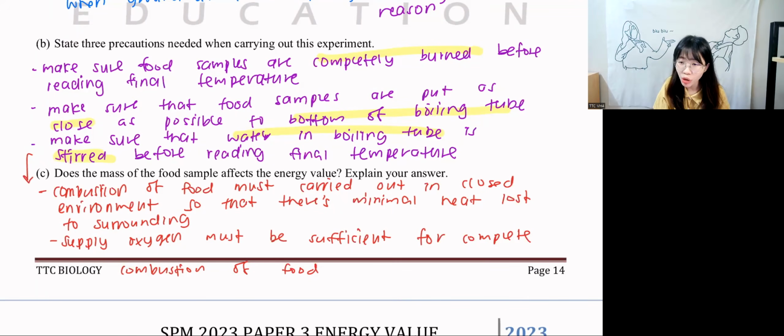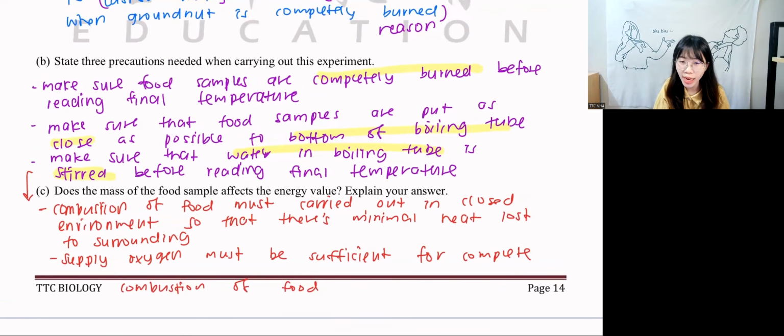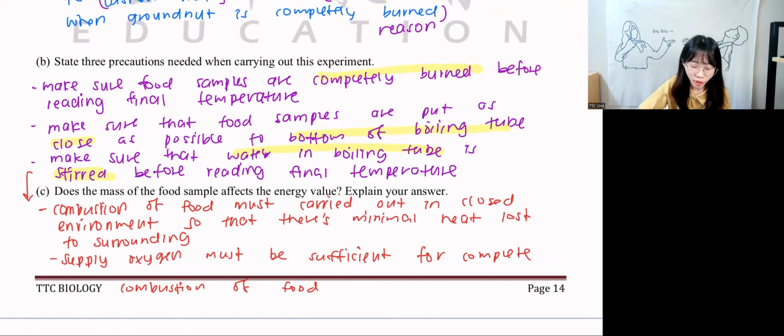If the question asks for a precautionary step, whether the question asks or not, you need to write an explanation. So you have to write your explanation. Okay, so this is the 5 precaution methods.